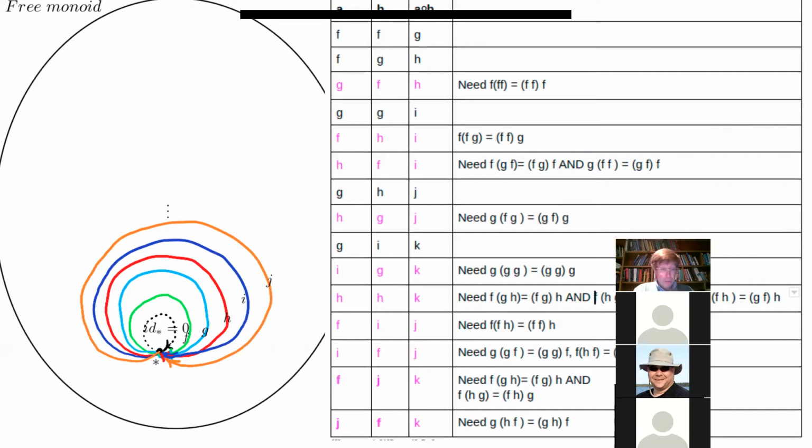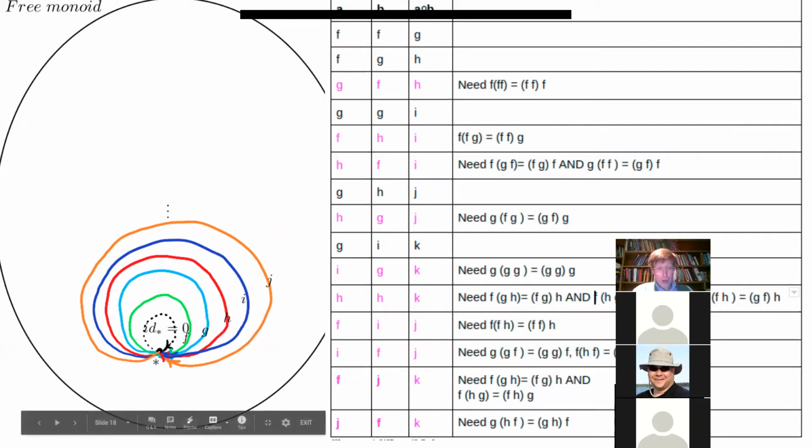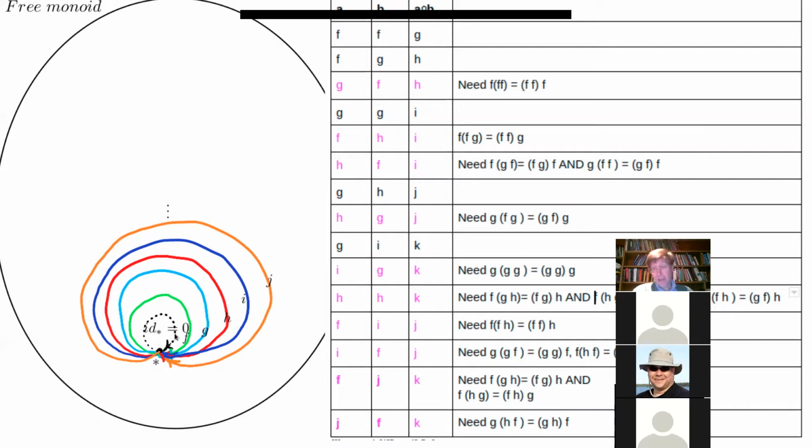So let's imagine trying to build up as much freedom as we can here. We know we have to have an identity morphism. That's handed to us by the rules of categories, and that's what we're dealing with here. It's free not in the sense that it doesn't cost any money. It's free in the sense that there are minimal restrictions on it.